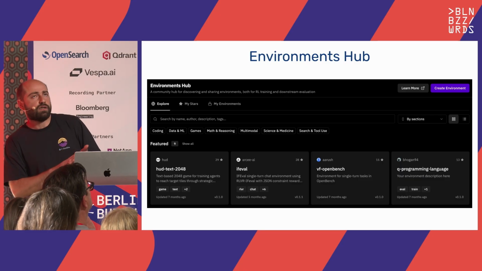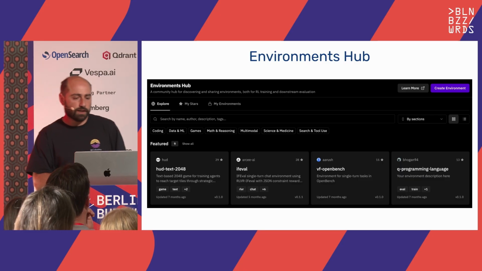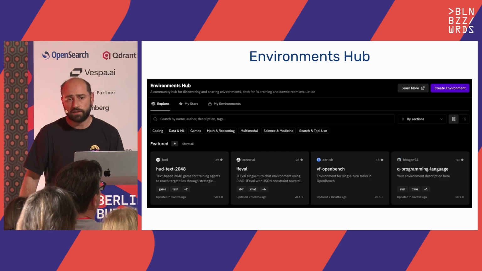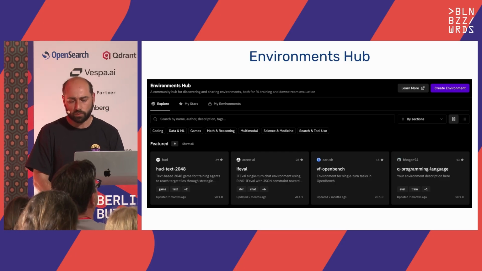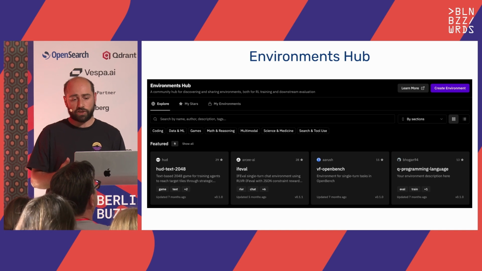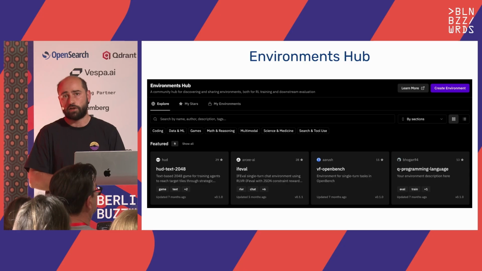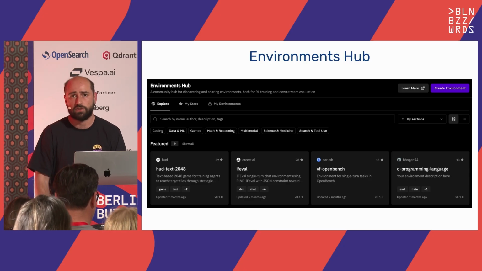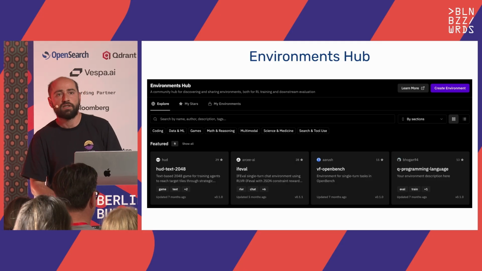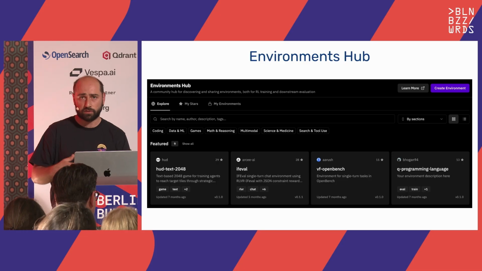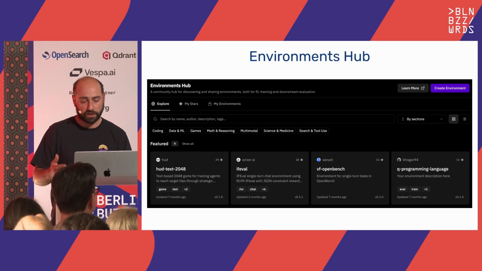To end our quick overview of verifiers, I recommend checking out the Environments Hub. This is a community place to publish and share environments. It aims to fight environment fragmentation. In research, it is especially common that people release environments on GitHub tied to a specific training task, so then it's harder to reuse them.